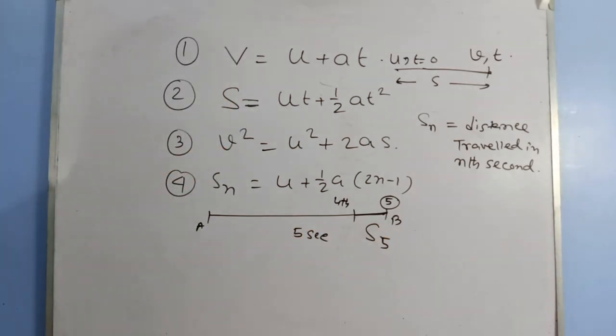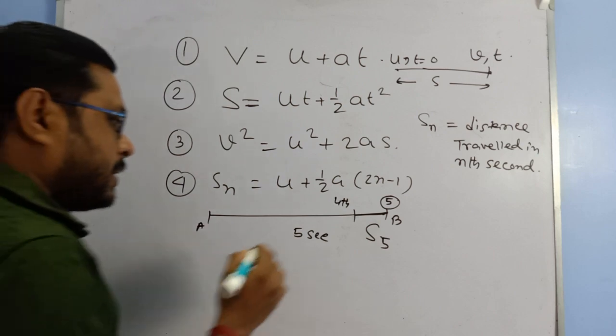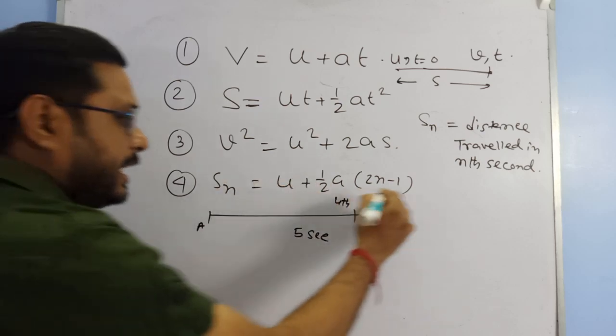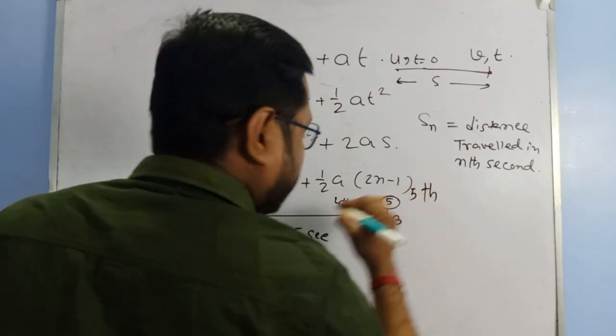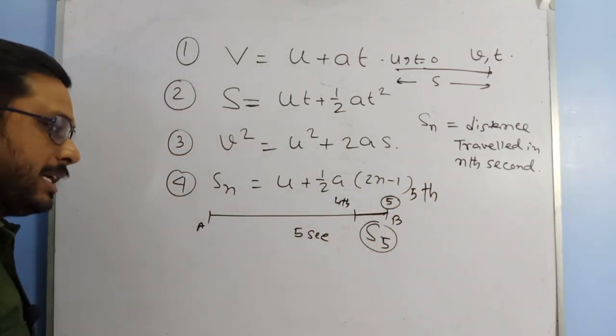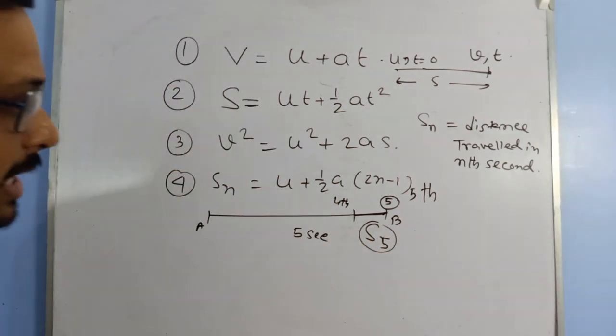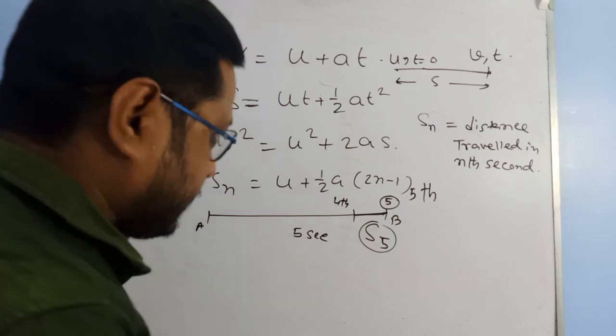So S5 is the distance travelled in the 5th second, or the 4th second or 3rd second, but s is the total distance in the total time. This is the main difference between Sn and s.